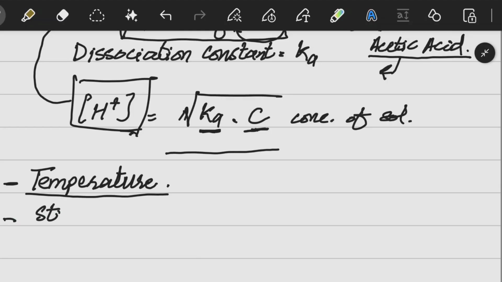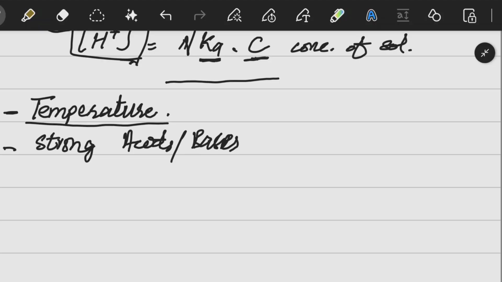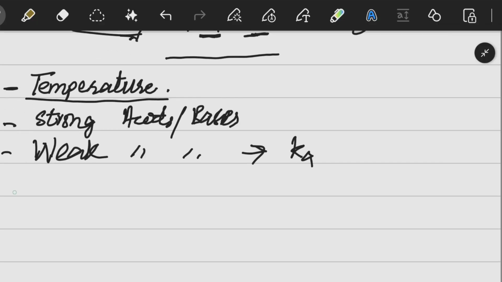For strong acids and strong bases, it's easy to calculate their hydrogen ion or hydroxide concentrations because they dissociate quite easily. For weak acids and bases you need to factor in the Ka, which is a dissociation constant. Finally, the concentration of the solution is really important because concentration changes the pH.